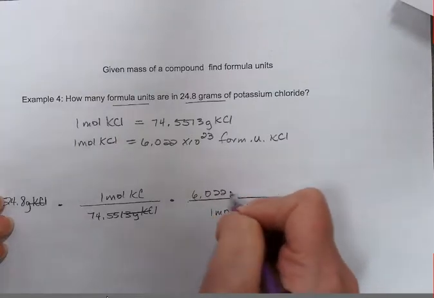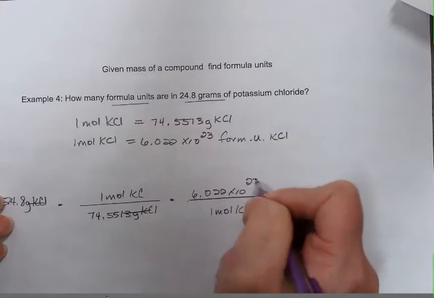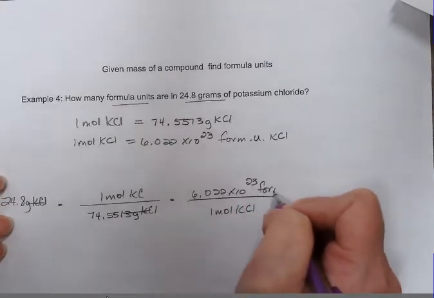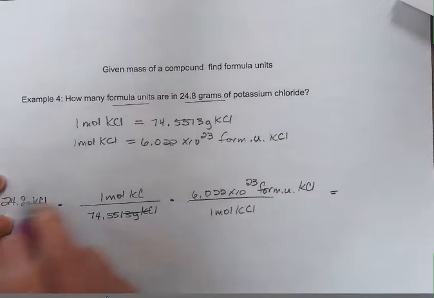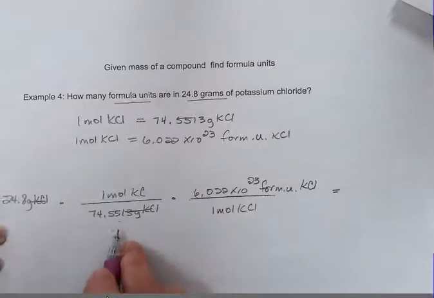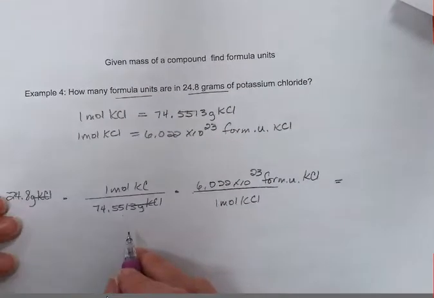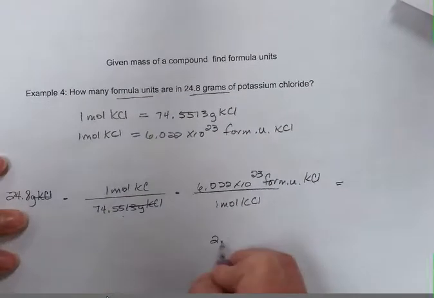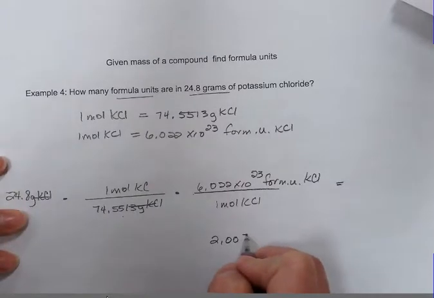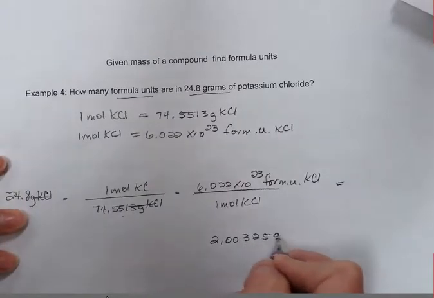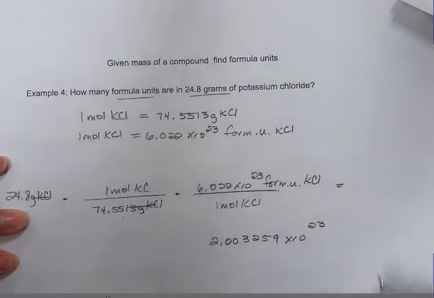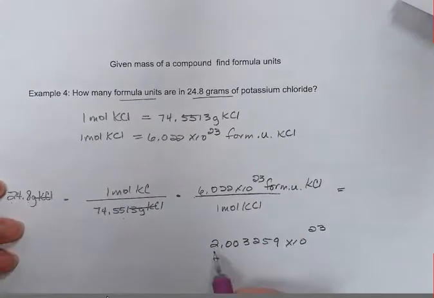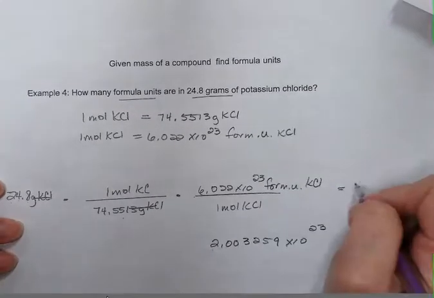And we're going to multiply by Avogadro's number. So multiply, multiply, and then divide, and we get an unrounded answer of... 1, 2, 3.